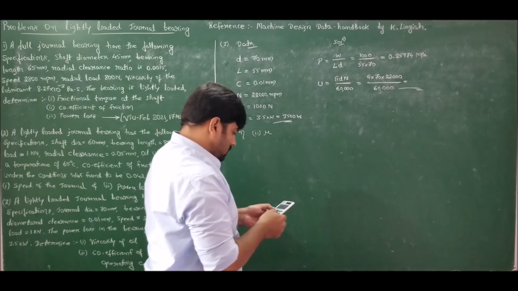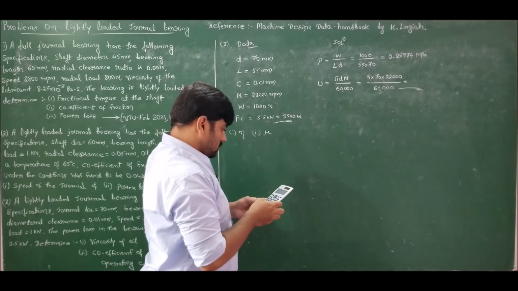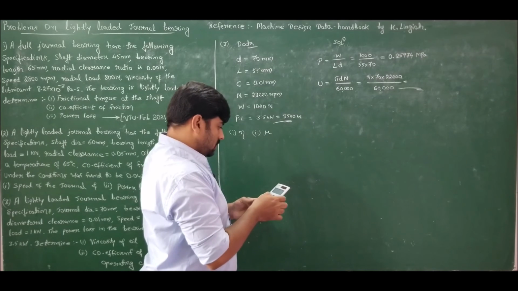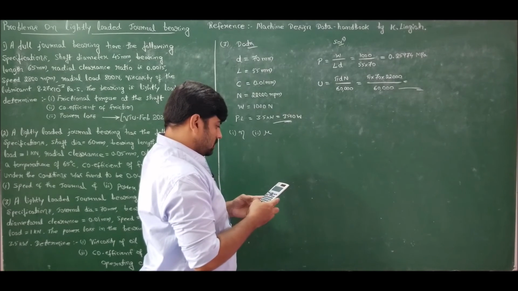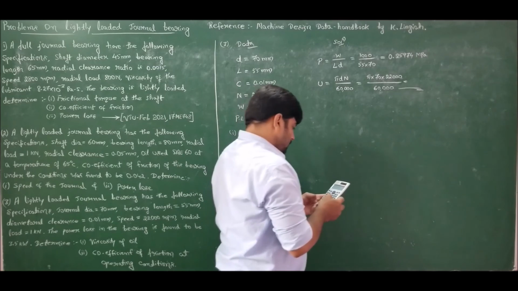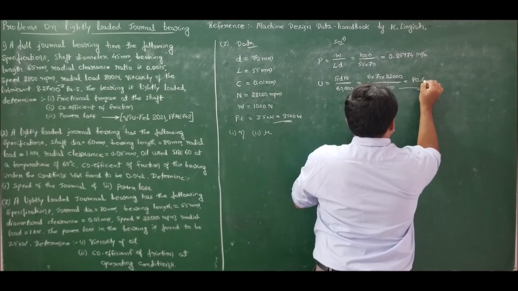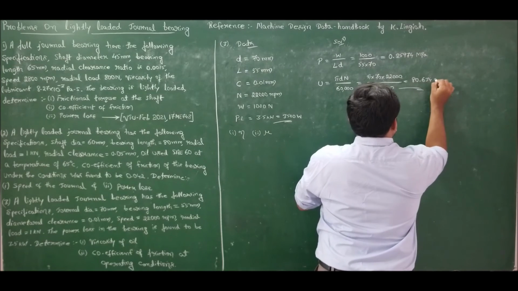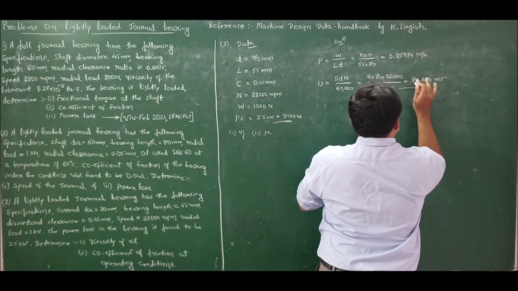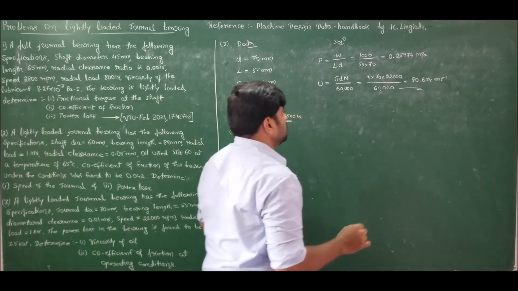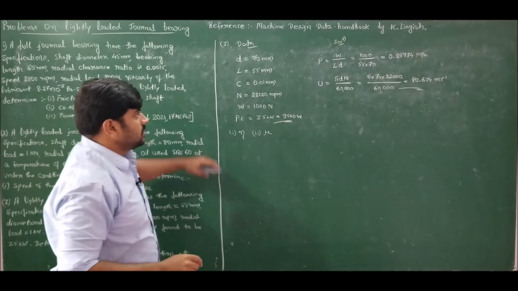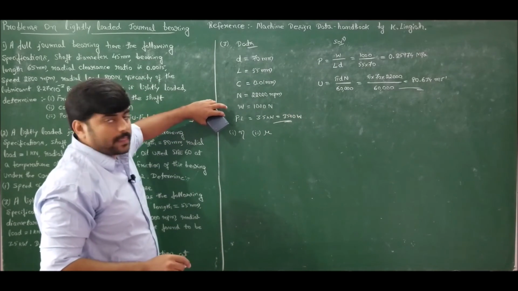Pi times 70 into 22,000 divided by 60,000 is 80.634 meters per second, the speed of the journal or velocity of the journal.